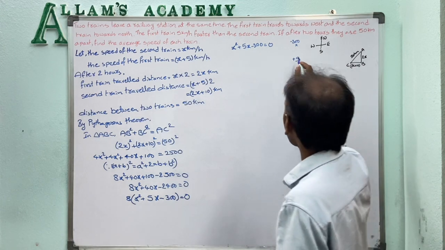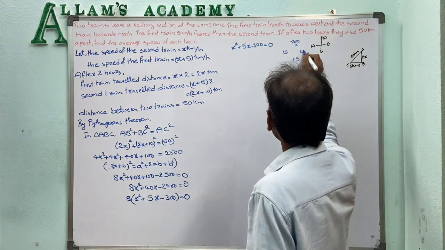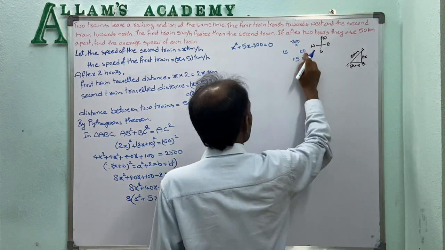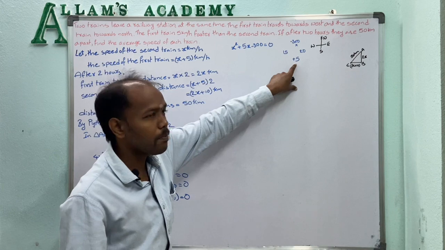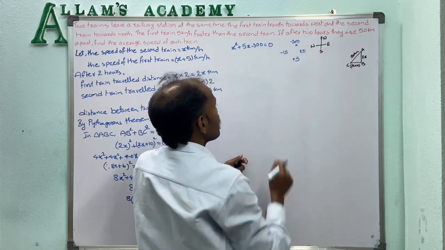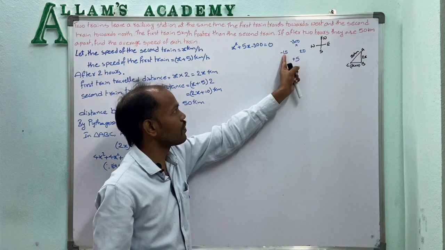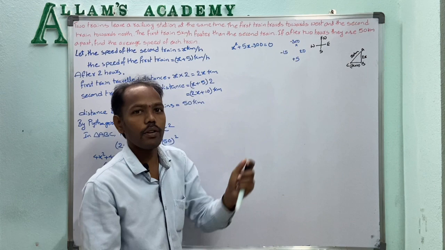So they are nothing but 15 and 20. So 15 into 20 equal to 300, 15 subtracting from 20 means 5 coming, but we want to get plus 5. So plus 20 minus 15 taking. Now plus 20 minus 15 is equal to 5 and 20 into minus 15 equal to minus 300.